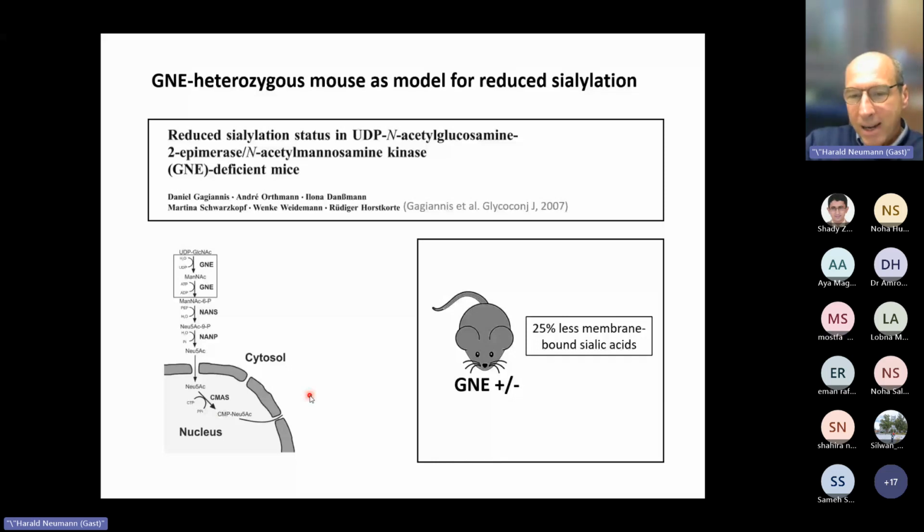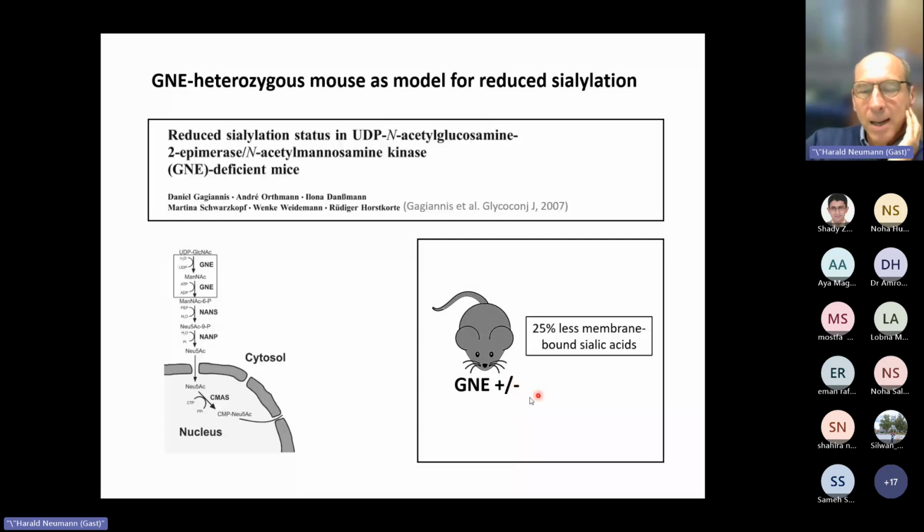Therefore, we analyzed heterozygotes, meaning that they have an intact enzyme on one allele and the other allele is deleted. Most of these heterozygous mice have no phenotype at all, because normally heterozygous mice are compensated by the one allele which is still available.